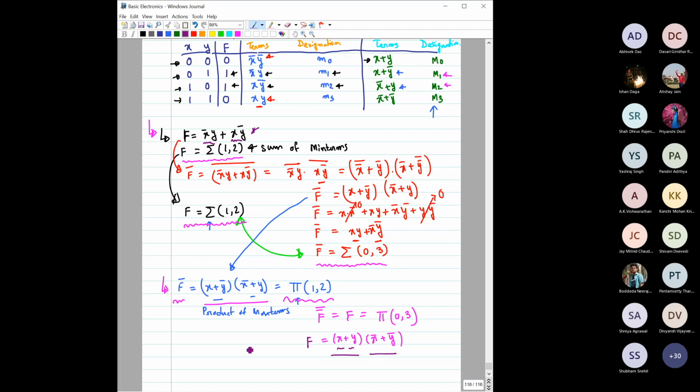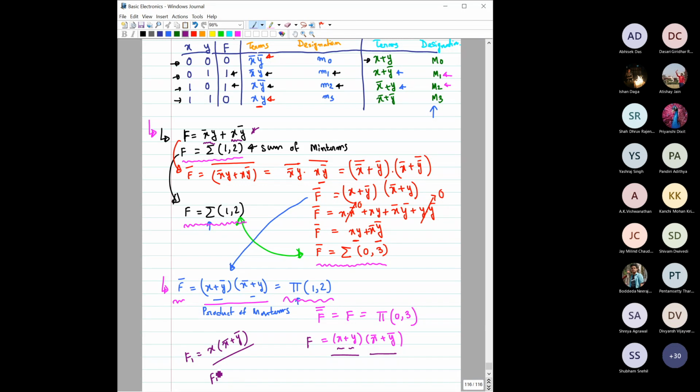Now suppose in some cases the function, say the function f1, is something like x into (x bar plus y bar). This is not a standard sum of product representation, because from here you cannot directly find what f1 bar will be.